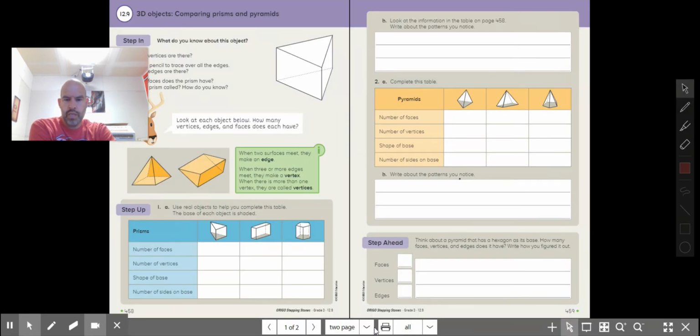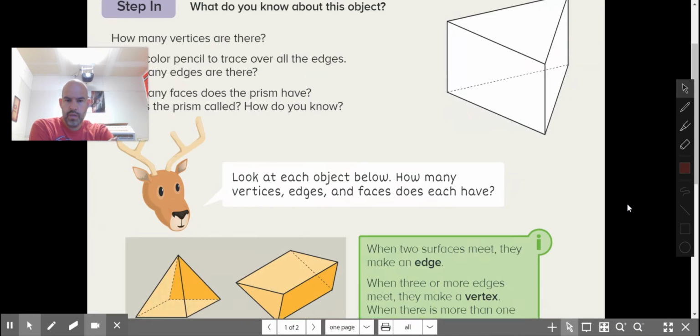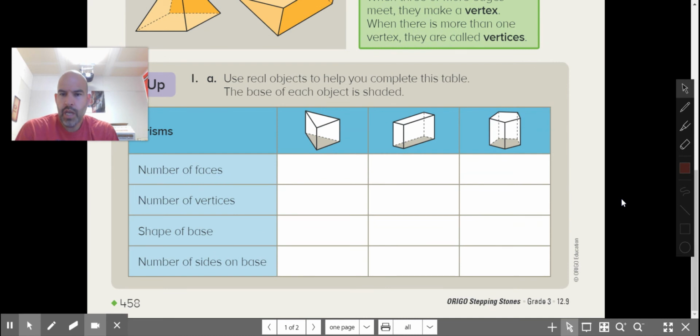You're going to compare and look at these three at a time. Let me get to a single page here and zoom in. It says, use the real objects to help you complete this table. The base of each object is shaded. You probably don't have 3D objects at home, so you can just use the pictures to help you.